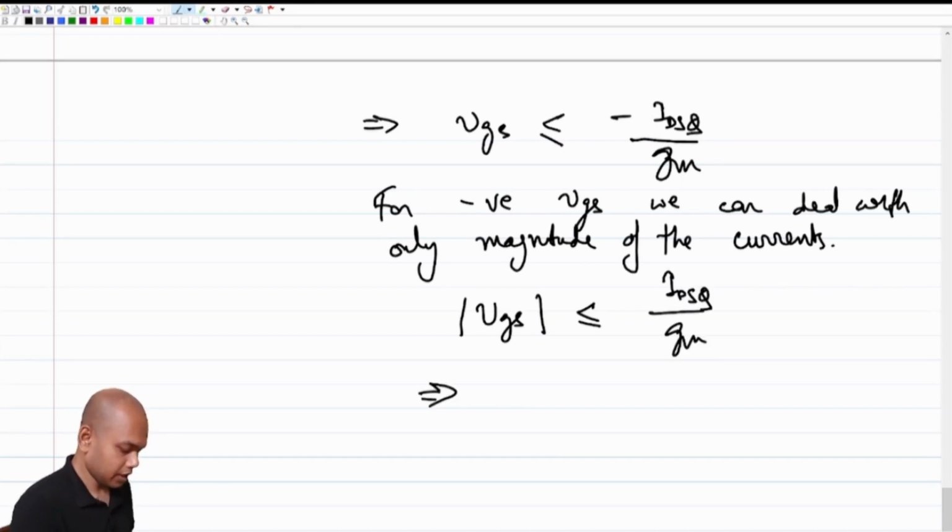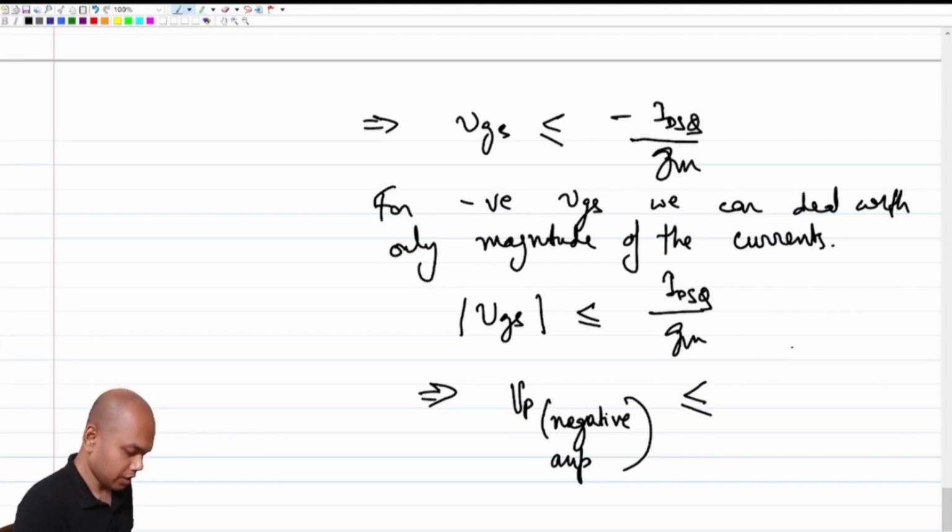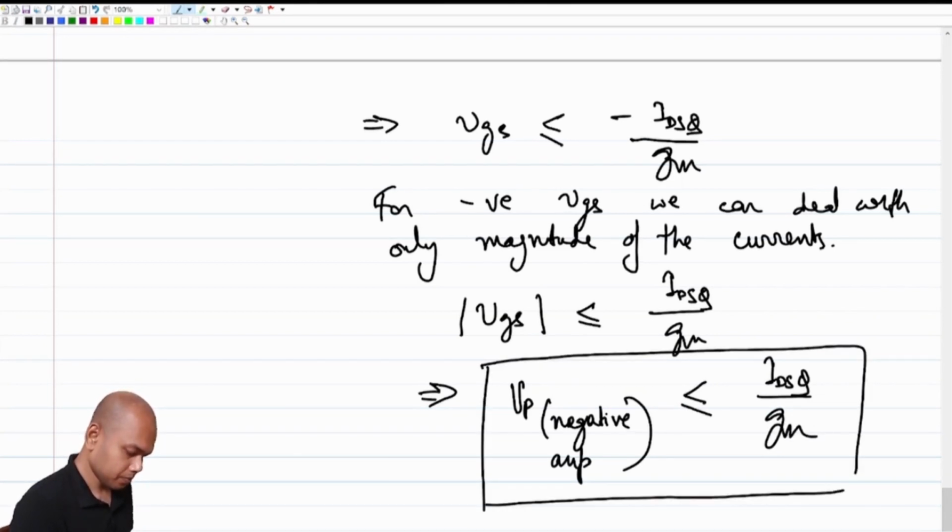Or in other words, while going negative, in this case Vp, the negative amplitude should be less than IDSQ over GM. Right? So what is this essentially telling us?